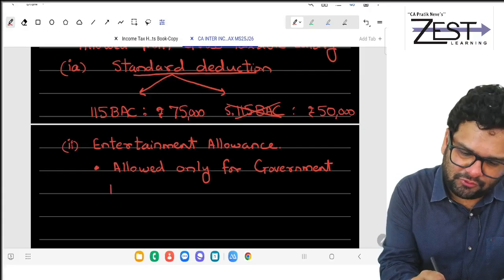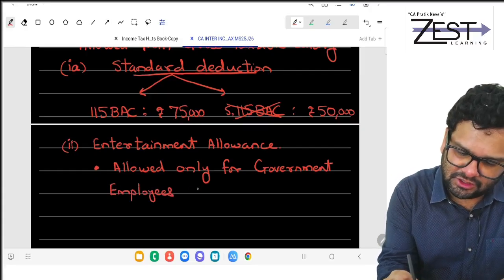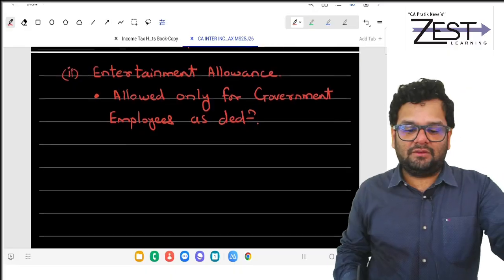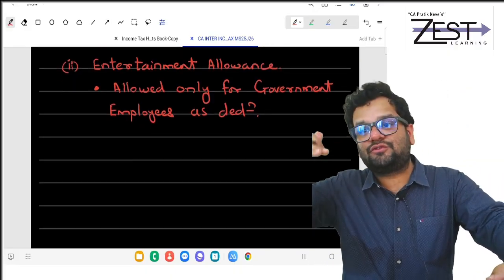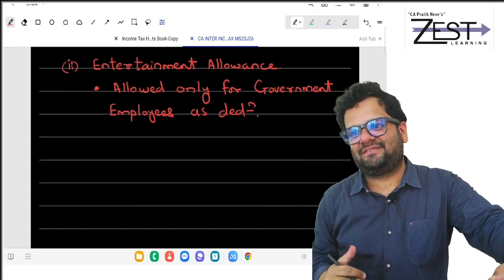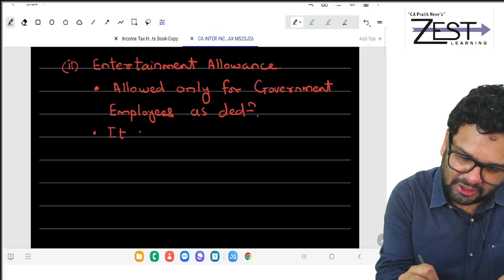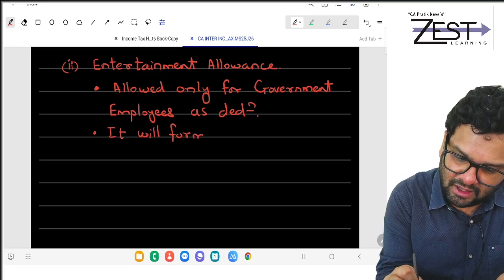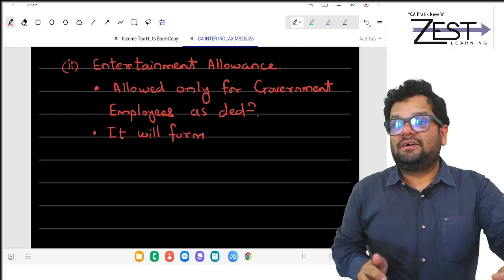It is allowed only for government employees as deduction. But if anyone gets, including government employees, that will first form part of GTS. Means it will first form part of what? What is the figure called as?